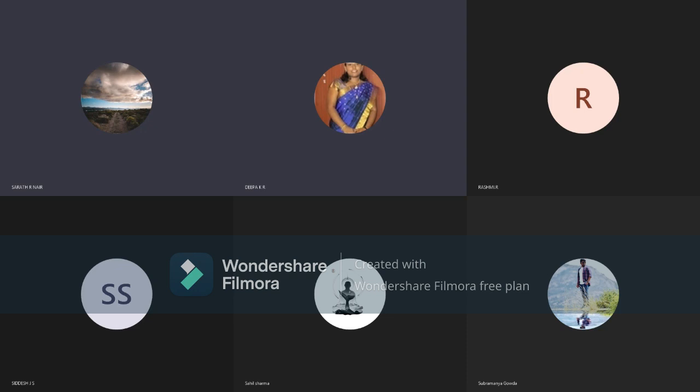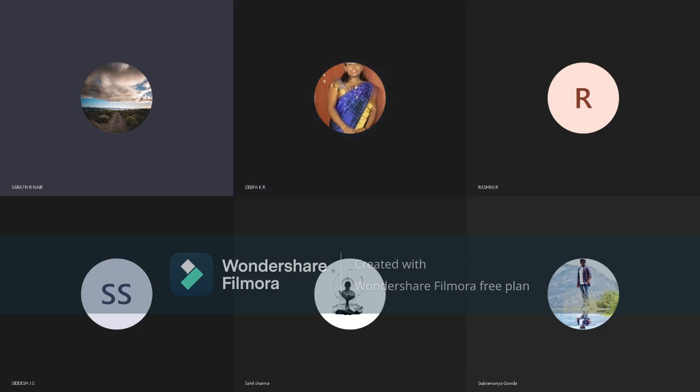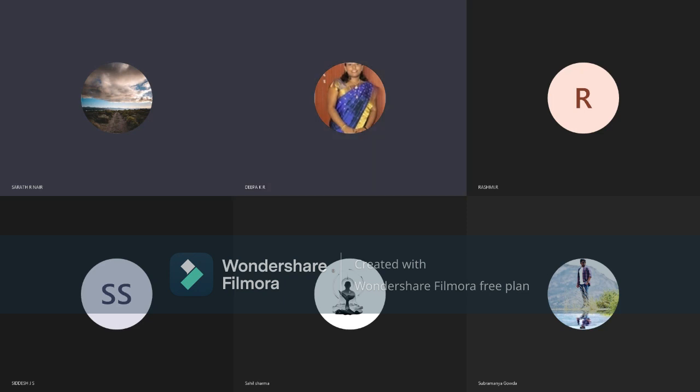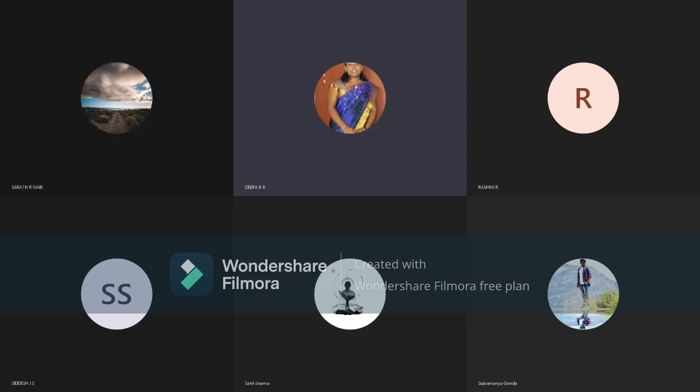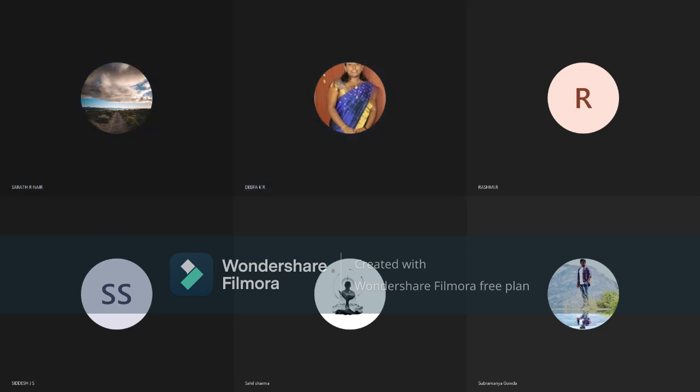LT side, I mean HT side. It is connected to the HT side. Okay. HT side. Then HT is equal to LT into HT by LT.